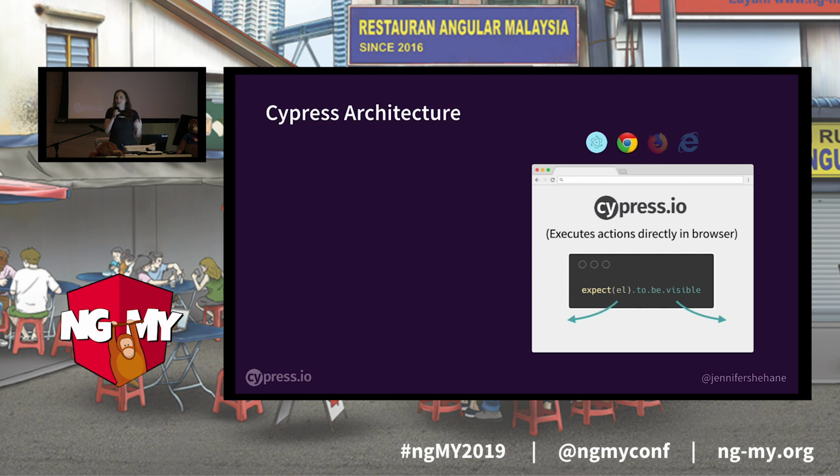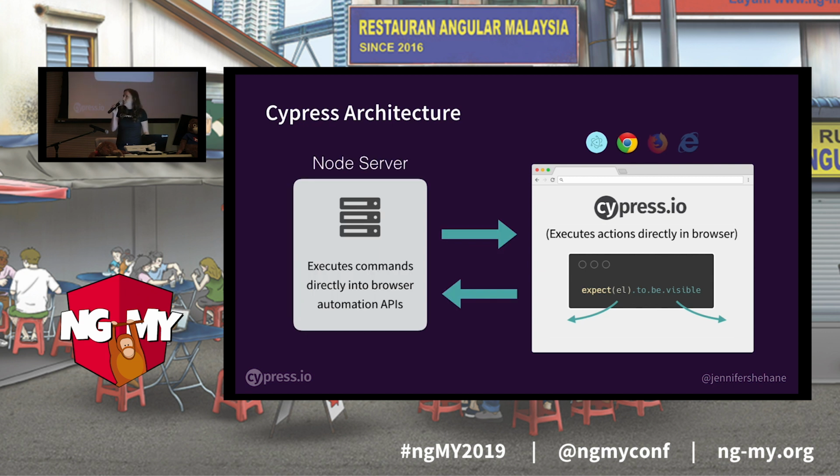It doesn't serialize anything over the wire, so it has direct access to our application. Cypress also has a part where it can communicate to a Node server so that it can do things like clearing cookies or clearing the cache, starting up the browser. Obviously, it has to do that because you can't implement everything directly from JavaScript in the browser.